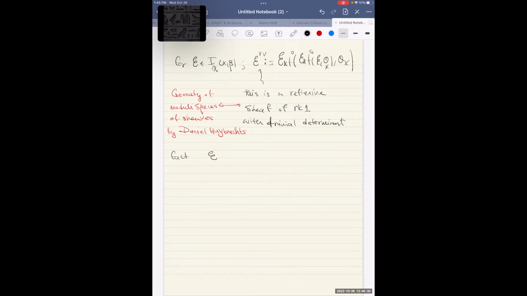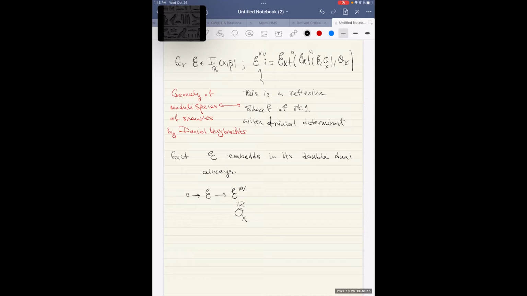So E embeds in its double dual, always. Now, the point is that because this double dual is a reflexive sheaf of rank 1 with trivial determinant, it must be that the double dual is isomorphic to O_X. There is no other way.